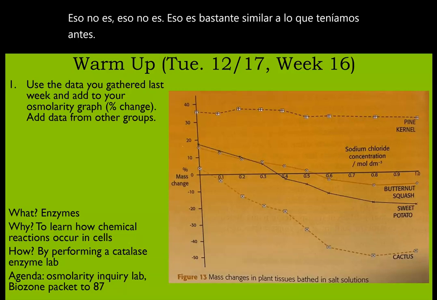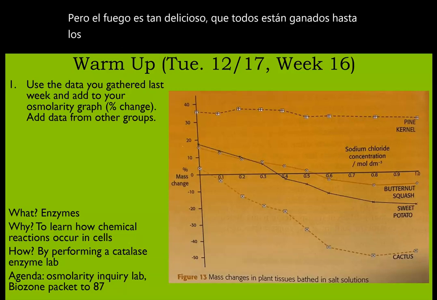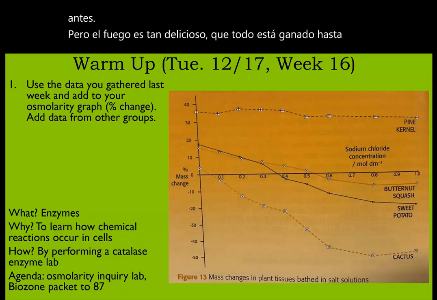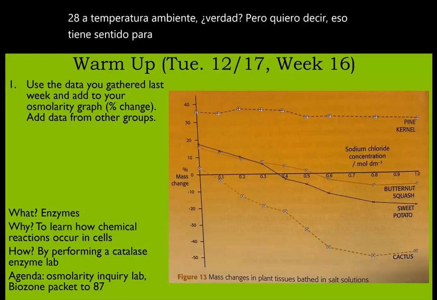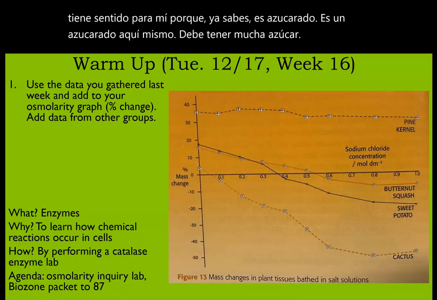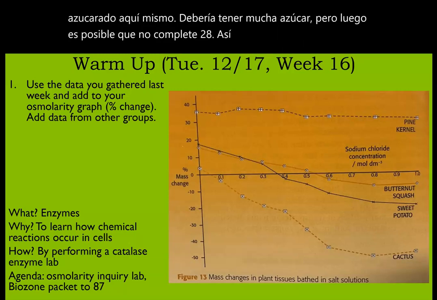So yours all gained until 0.8. That makes sense to me because it's a sugary thing, right? So it should have a lot of sugar, but then it might not be 0.8. So yeah, that data makes sense to me.